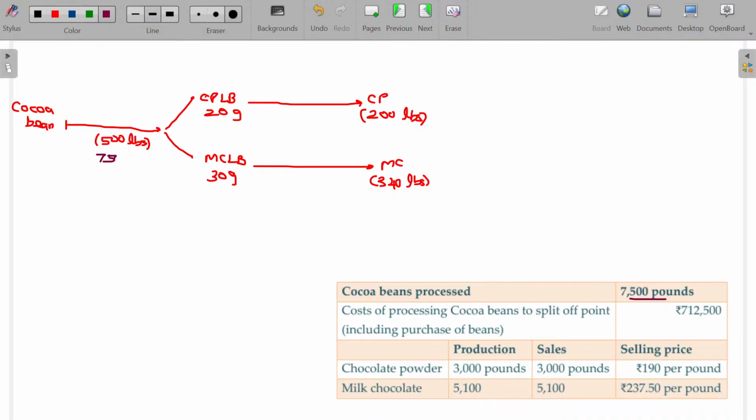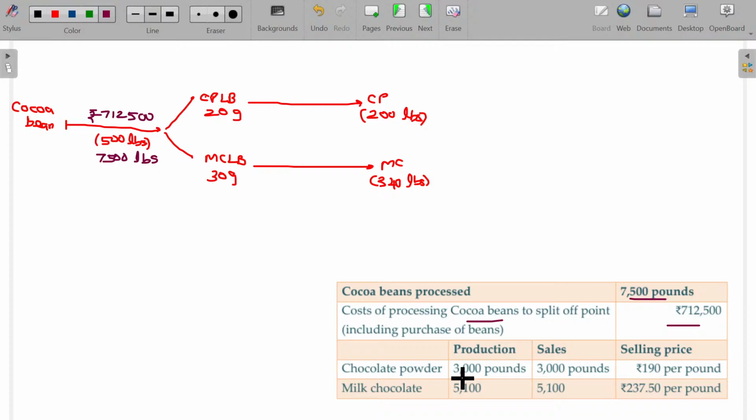Actual process being 7,500 pounds, 15 times greater than the earlier standard. For 500 pounds, this is the output given. Actual being 7,500 pounds. Okay, 15 times higher. The cost of processing cocoa beans to split off point being 7,12,500. Here, the joint cost being 7,12,500.